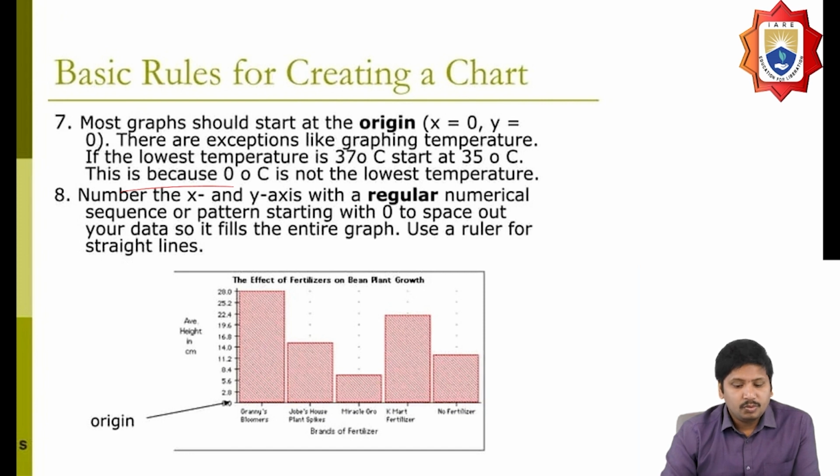Many graphs start at 0 as the starting value, but in some applications 0 is not considered. In that case we have to take some initial value, and number the x and y axes with a regular numerical sequence or pattern, starting with 0 and spaced out evenly, and use a ruler for the straight lines.